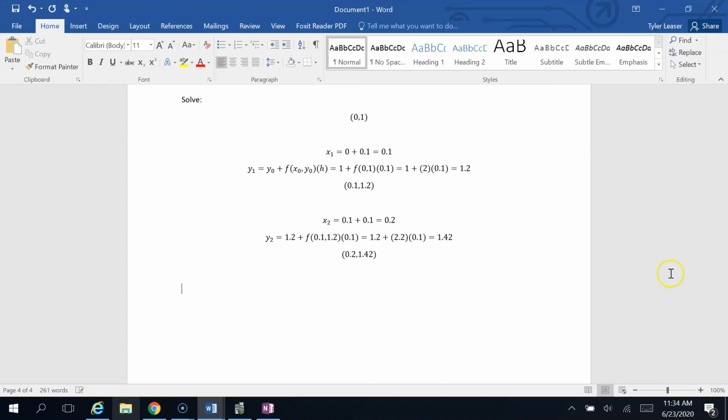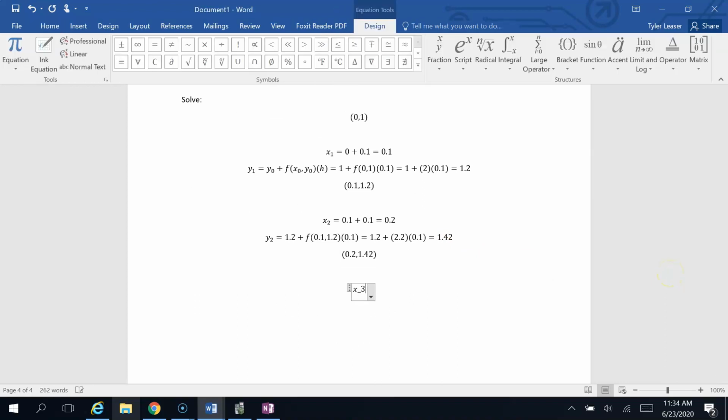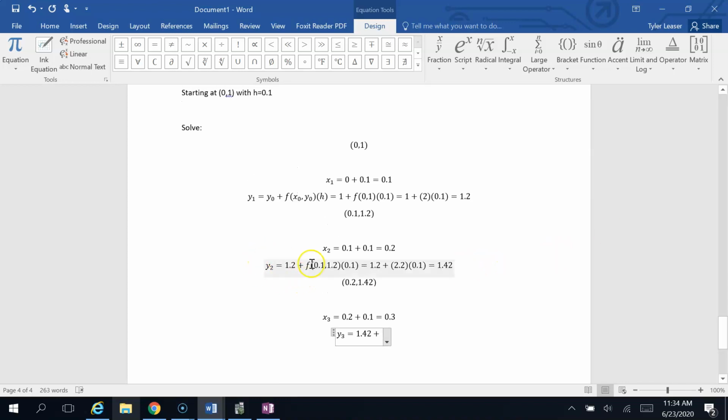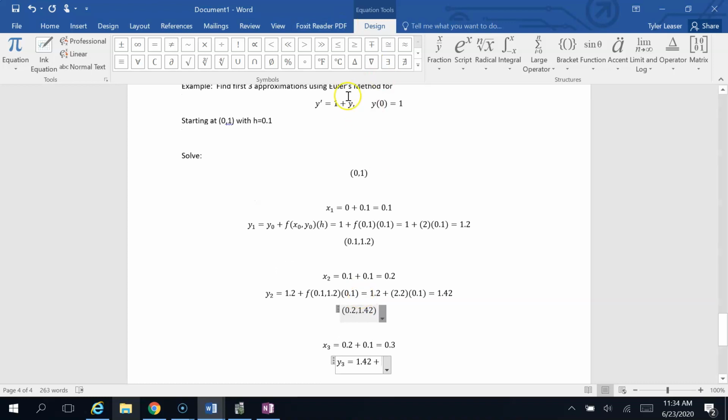That means that my next point here is the point (0.2, 1.42). One more, because we were asked to do 3. Let's find the third one. The third one we get by taking the previous x value, 0.2, and adding the step size. So now we're at 0.3. The next y value we get by taking the previous y value, 1.42, plus, I'm going to skip this step now, we're plugging the previous point into the differential equation.